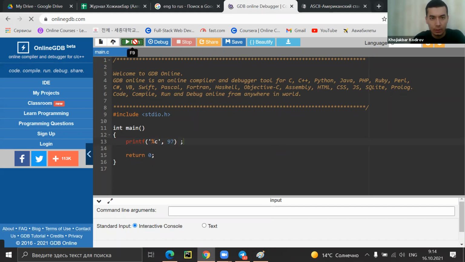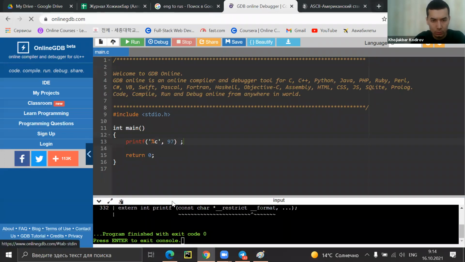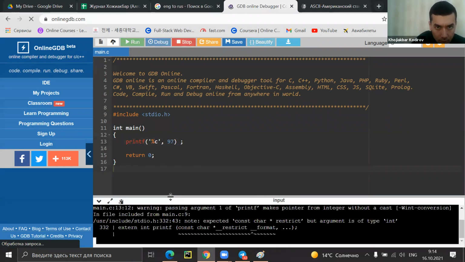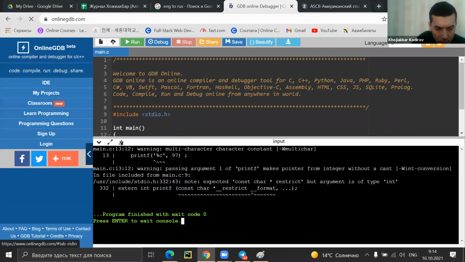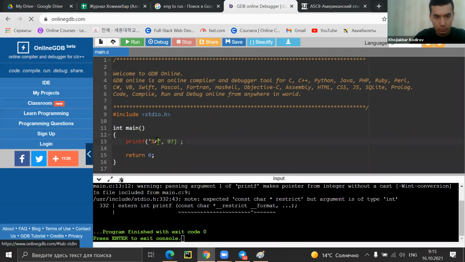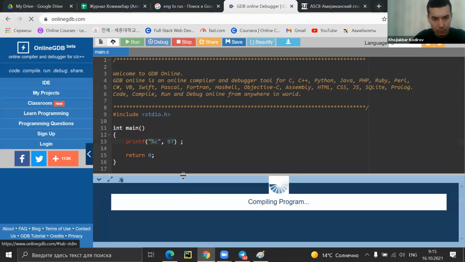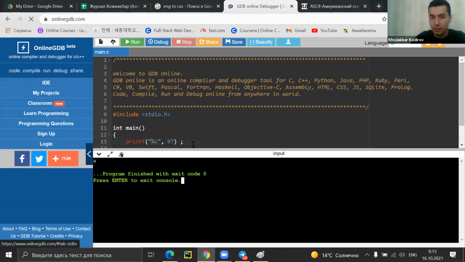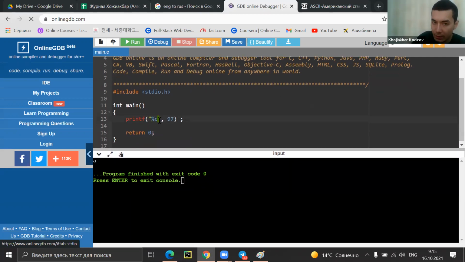Then I run my code. Sorry, there should be double quotes. So when I said that I will print a character, instead of the character I wrote 97, and it is printing as a.